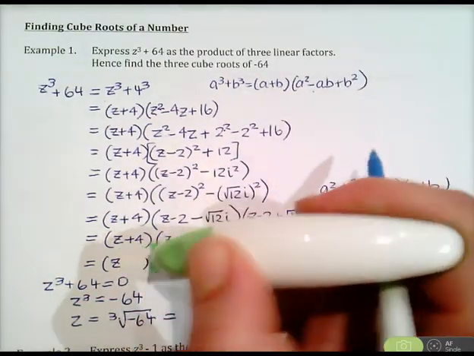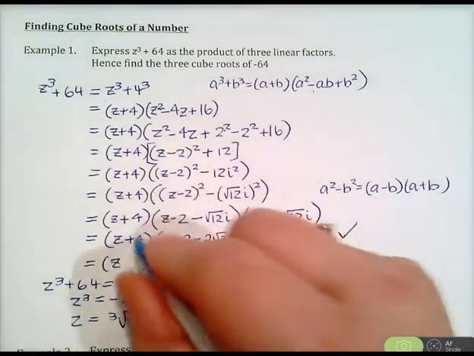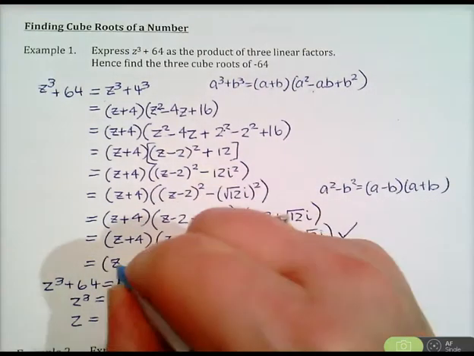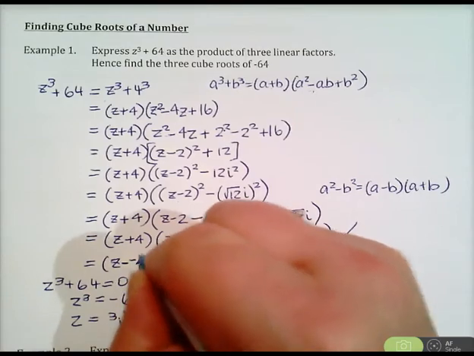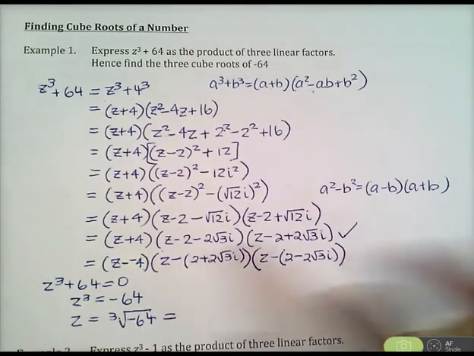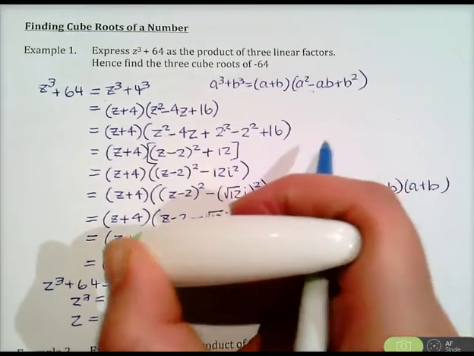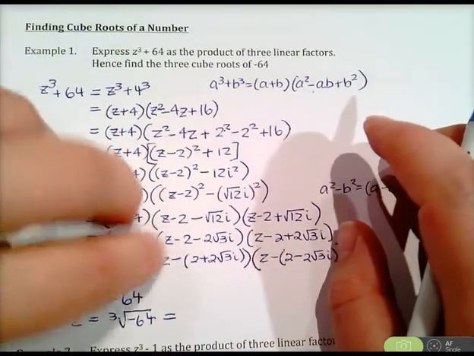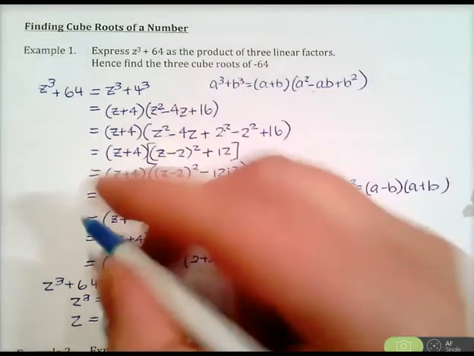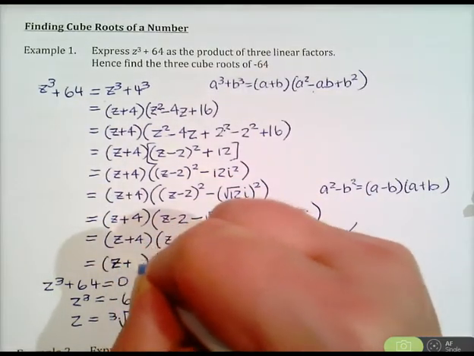Coming back up here, I've got z plus 4, but I could write it as z minus negative 4, so actually I can just leave it like that. So I've got z plus 4.